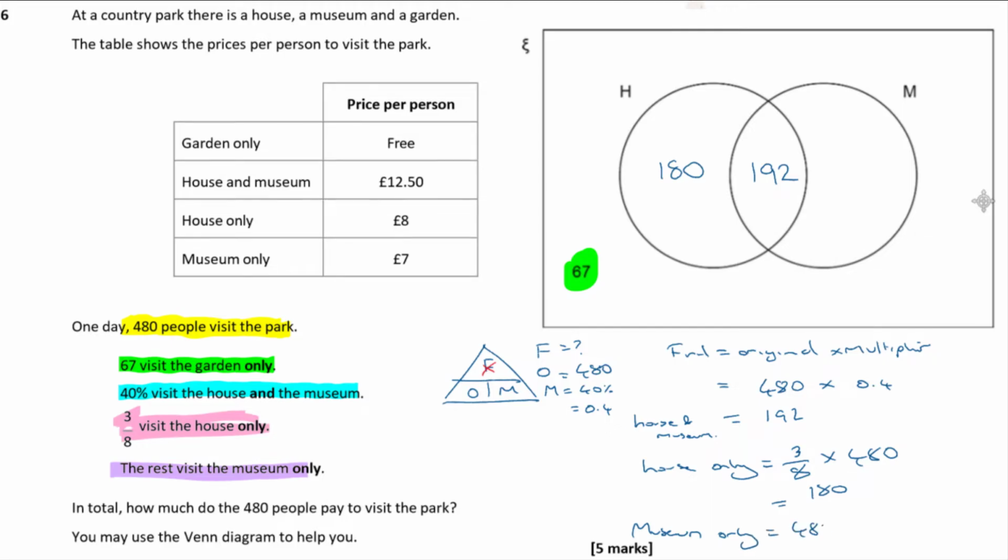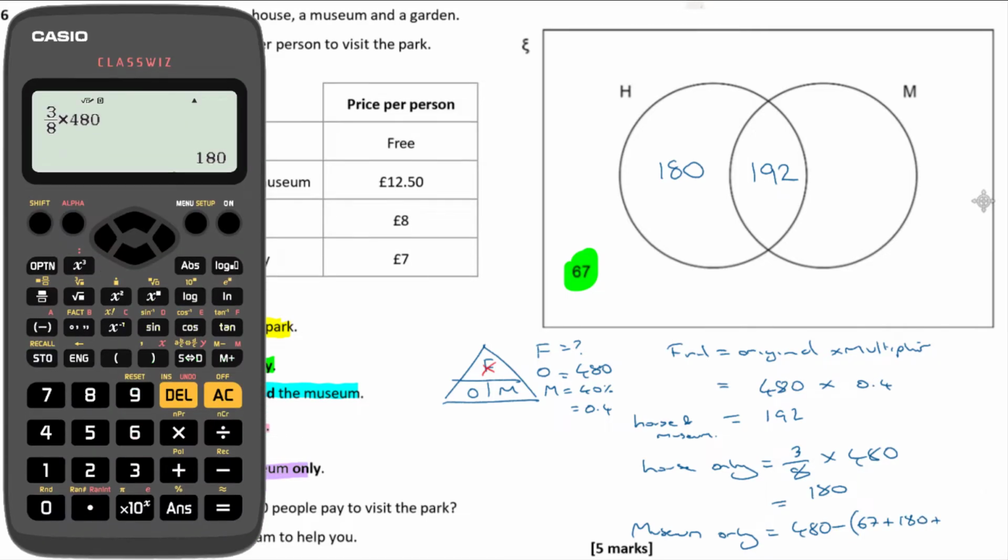It's going to be 480, which is everyone, minus the other three areas. So 67, 180, and 192. What's that come to? So 480 minus 67 plus 180 plus 192. Doesn't leave that many, does it? It means it leaves 41. 41 are museum only. So that goes in there.